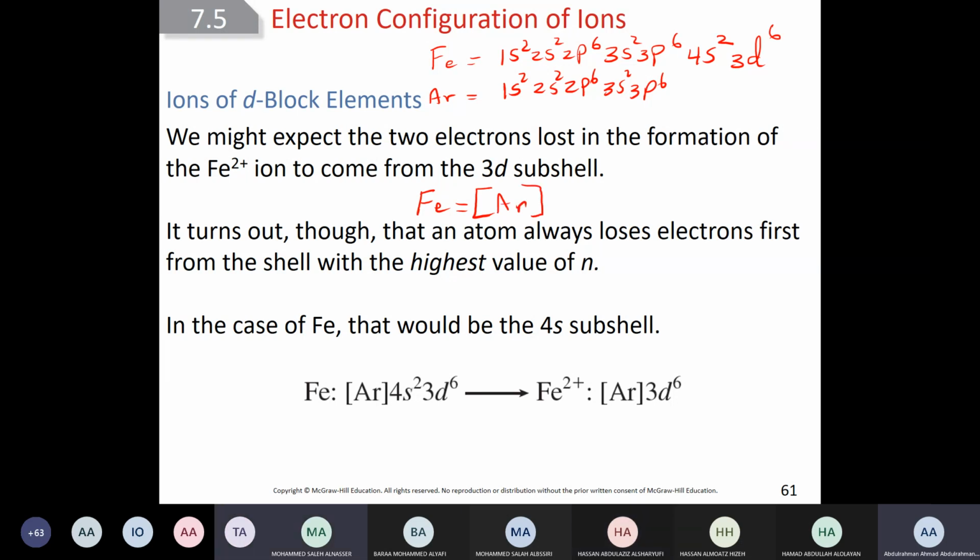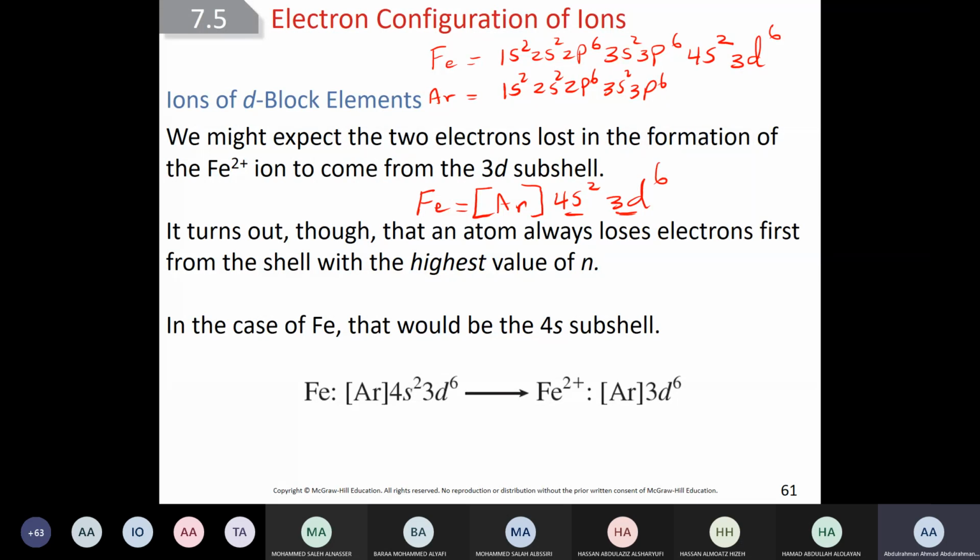We put 4s2 and 3d6. Good. Is this clear? Yes, doc. The 4s comes before the 3d, and we put the electron in 4s before the 3d. Is this clear?